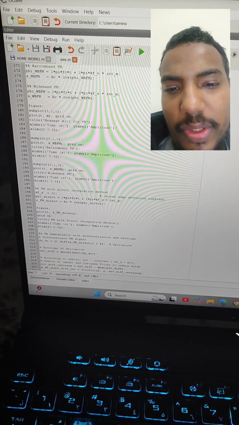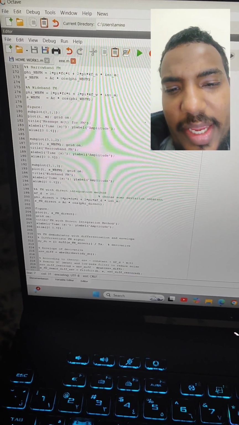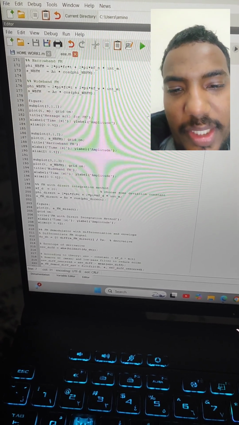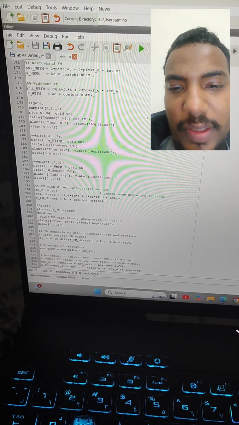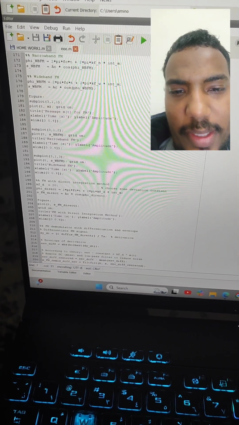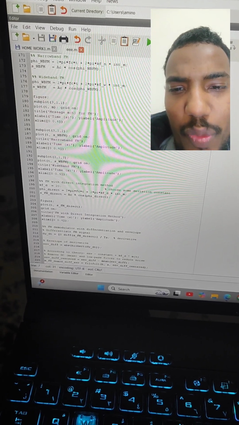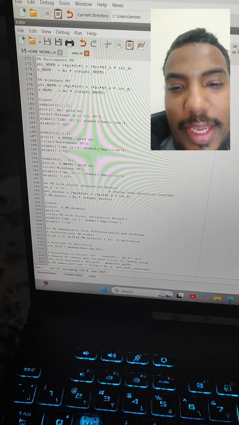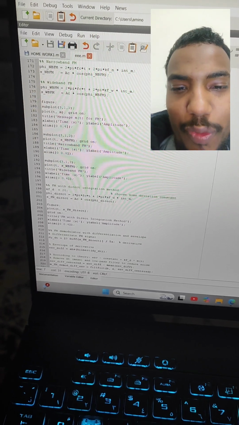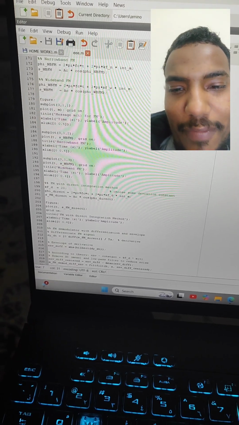5.3 Double sideband suppressed carrier. The double sideband is simply the product of the message and the carrier, with no DC term. s_DSB equals Ac m(t) cosine 2 pi fc t. Figure, subplot 2 1 1, plot t, m, grid on, title: message m(t). X label time, Y label amplitude, X limit 0.4.